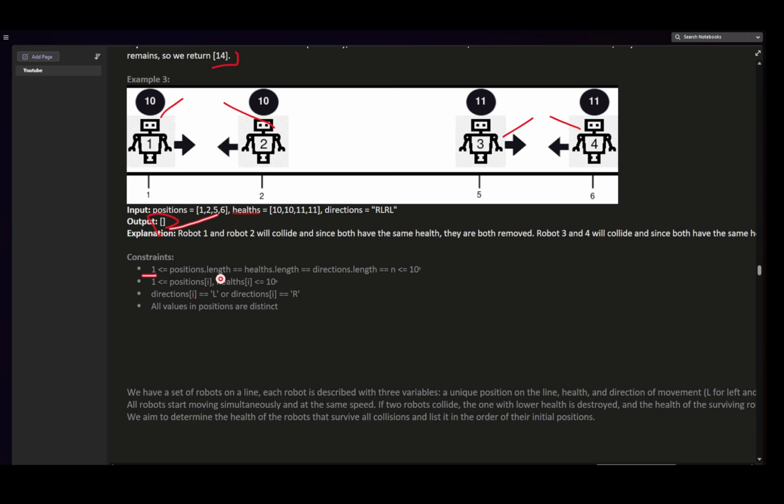The constraints we should look at are position length, health length, and directions. They reach up to 10 power 5, which is the length, and the position and health range up to 10 power 9, and the directions are left and right. We can decide whether a problem is easy, medium, or hard based on the constraints only.